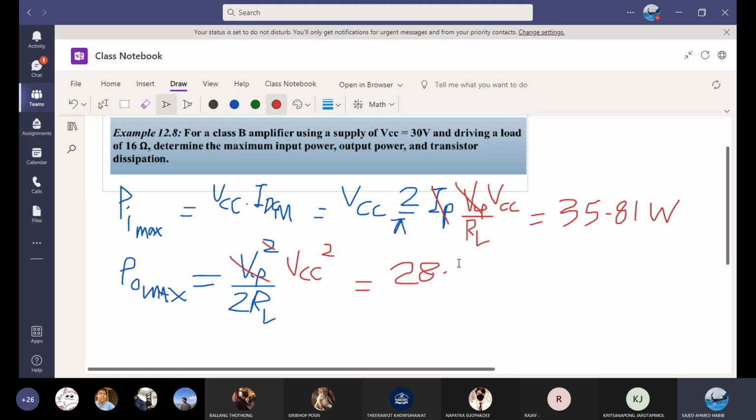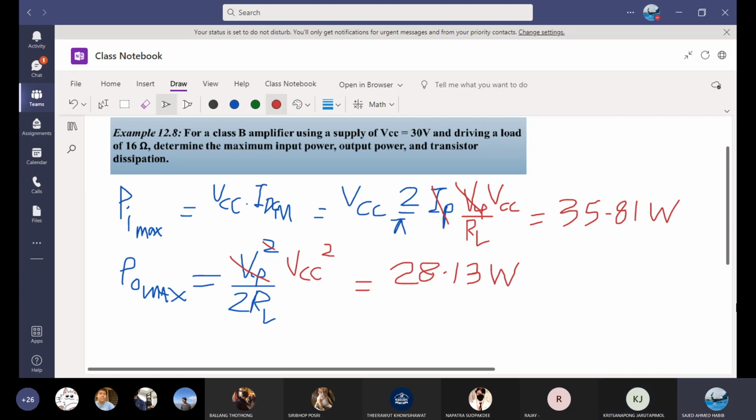Just out of curiosity, I want to calculate the efficiency. So what is the efficiency? You can take the ratio, 28.13 over the VCC power input, and multiply by 100. I got 78.5.